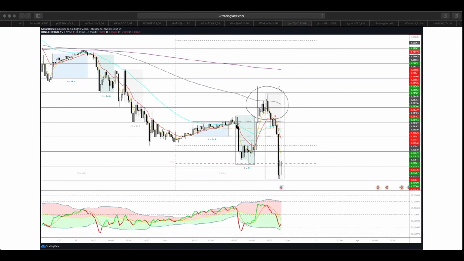Beautiful, awesome trades here. You're basically pinning to the previous week's low, right? You got a W pinning to the previous week's low, going all the way back up to the 200. And then during the New York session, you're pinning an M straight back down. Where do you go?